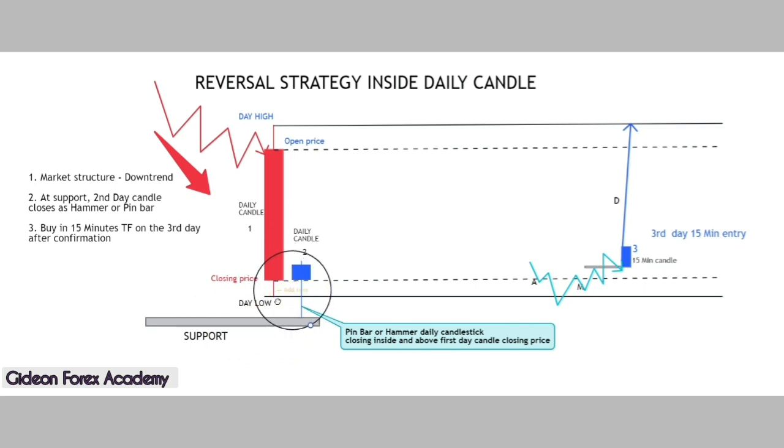And then the second day we have this candle that is either a hammer or a pin bar. I'm focusing on the hammer and pin bar because I've backtested both of them and they have really been effective. A hammer is a candlestick that indicates a possible reversal or a change of direction, which is why I emphasize it.